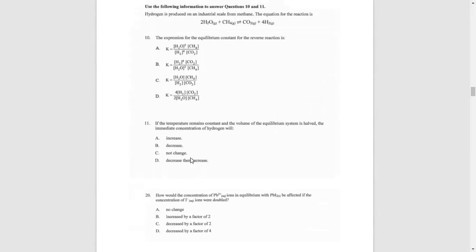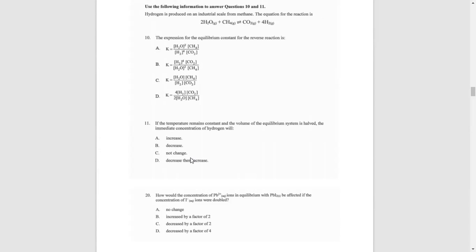Here we've got hydrogen produced, expression for equilibrium constant. I think that should be pretty easy. Okay, so I don't imagine those will be too much of a trouble. So we'll quickly run through this. Hydrogen is produced on an industrial scale from methane. The equation for the reaction is given.